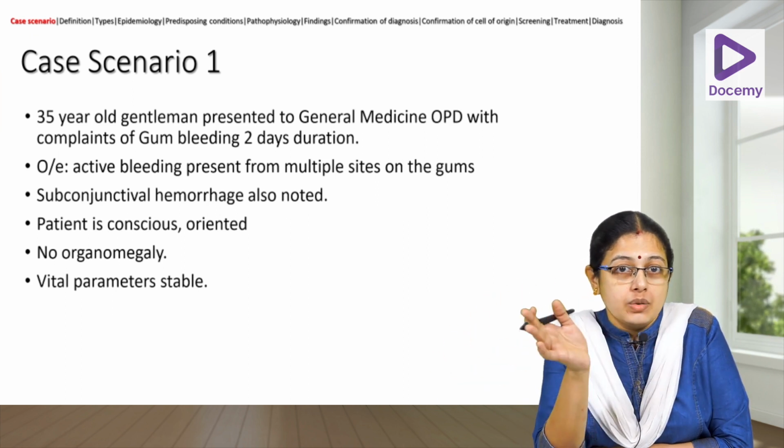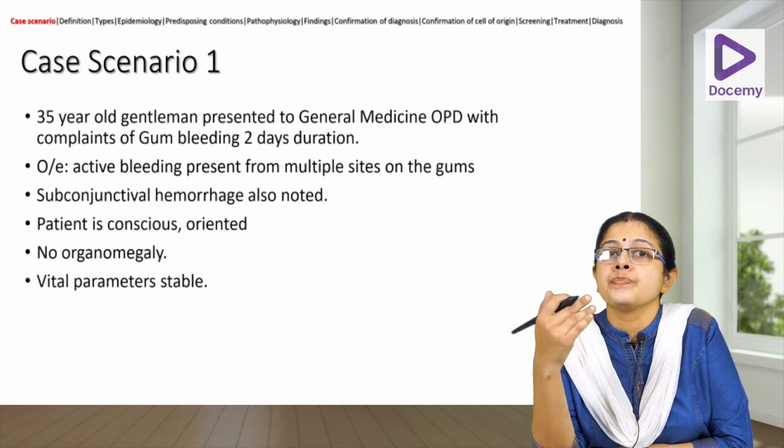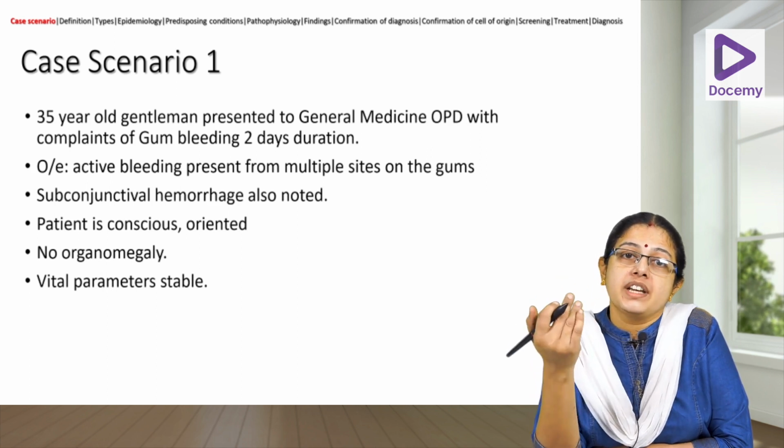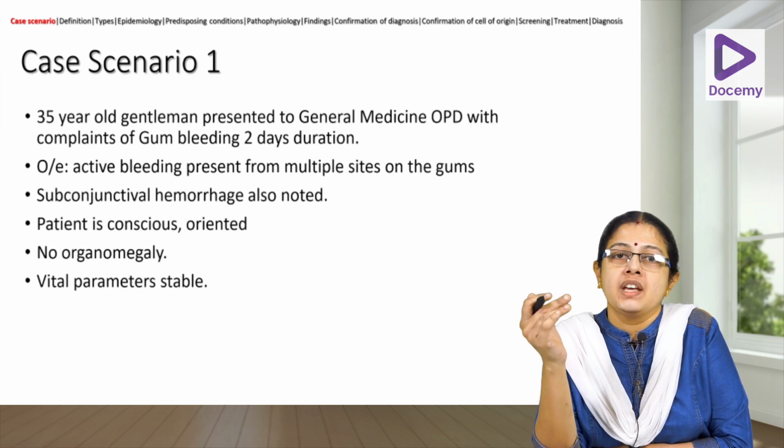And after that, once we come back to the case scenarios, you will be able to understand better why the diagnosis of this particular condition was made in such a particular way.